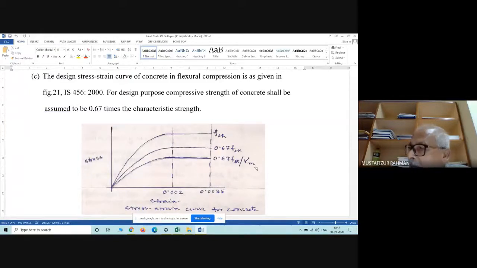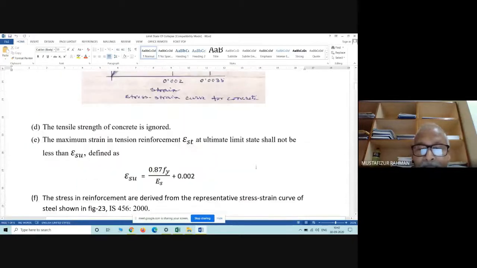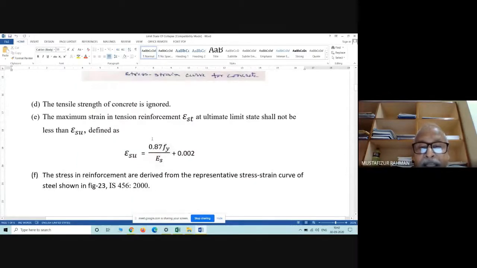Now gamma m with respect to steel is 1.15. Okay, so 1 divided by 1.15 is approximately equal to 0.87. So that's why it is 0.87 fy. Very simple.